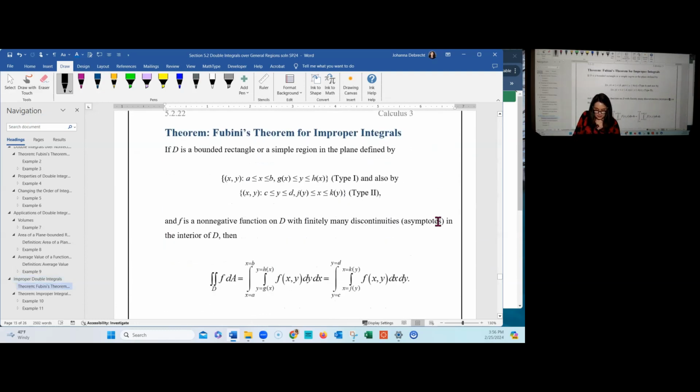Let's look at Fubini's theorem for improper integrals.